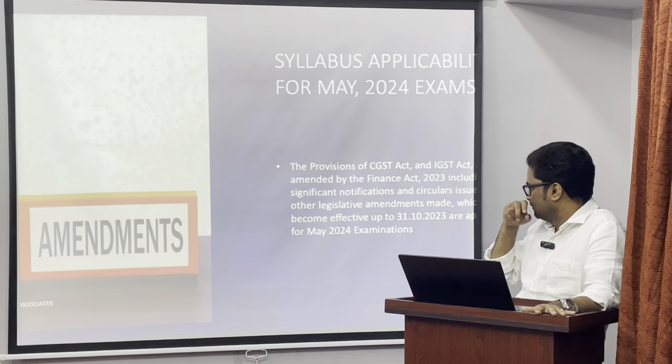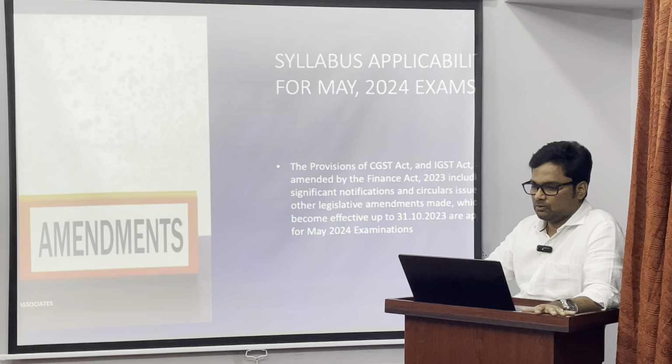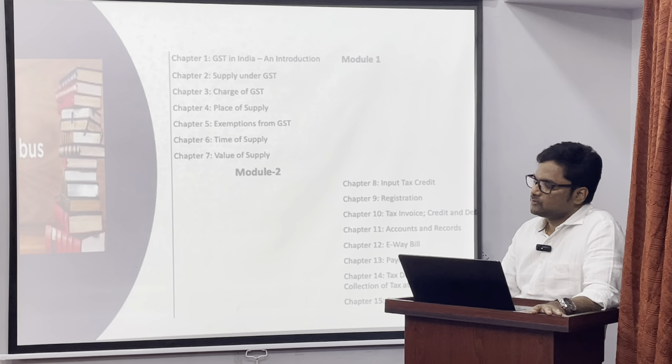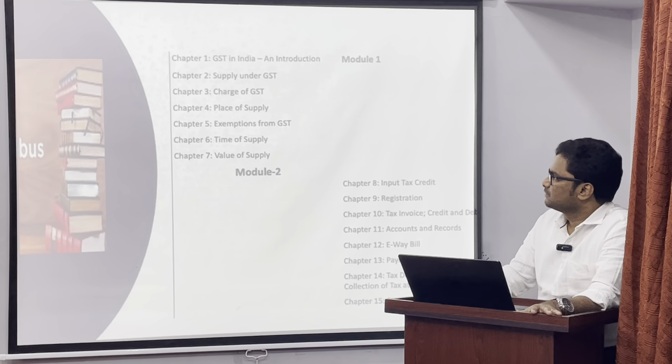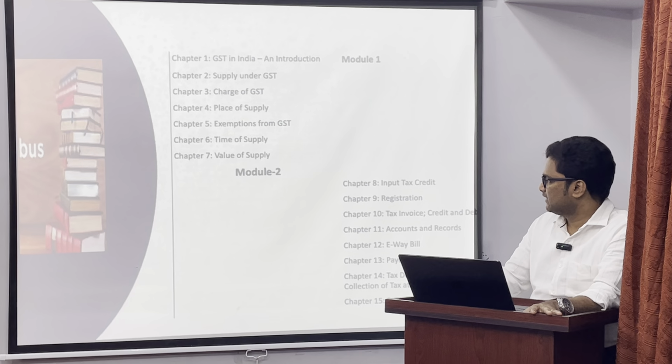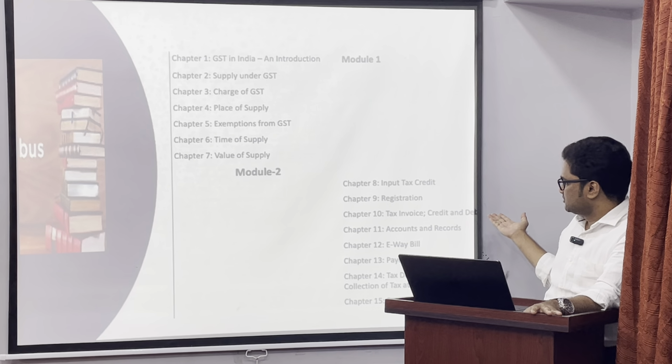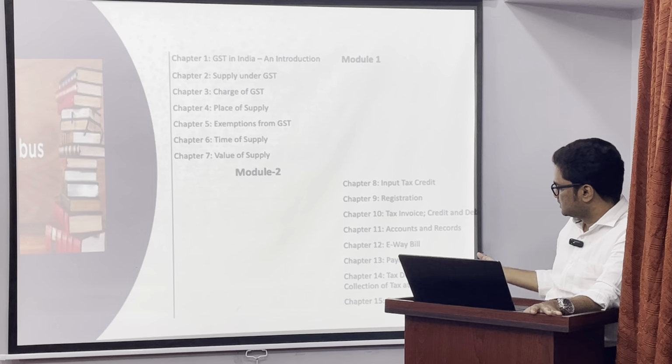So for May, June examinations, you have to go through the amendments, and this is your syllabus broadly, whether CA, CMA, or CS. Supply, the terms I have written already: charging section, place of supply, exemption, time of supply, value, ITC, registration, invoices, accounts, e-way bills, payment, TDS, returns.